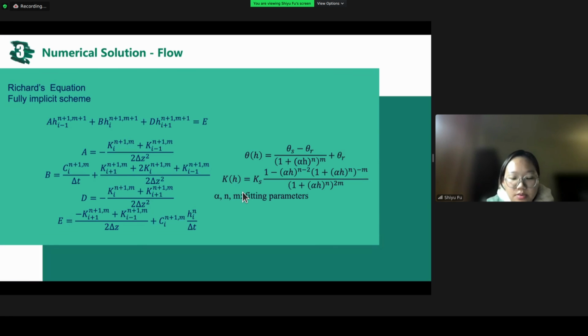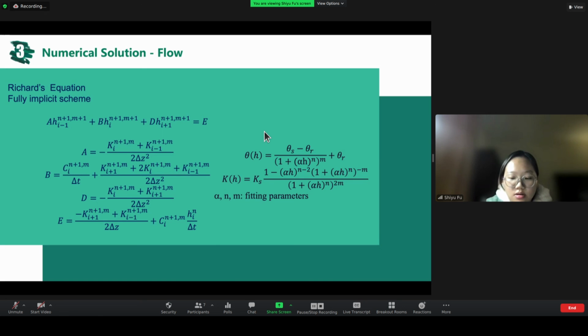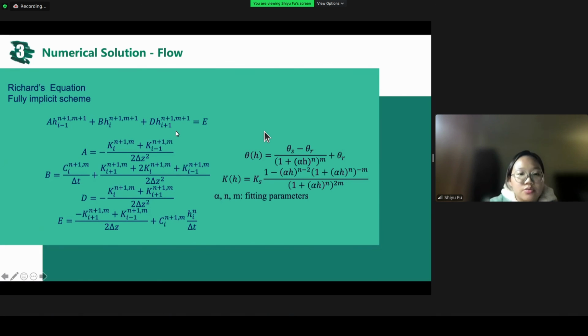After that, the equation is organized in this form, which we are more familiar with, and combined with the equations for theta and k to solve the actual equations.